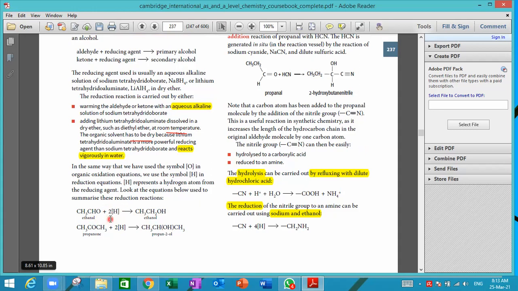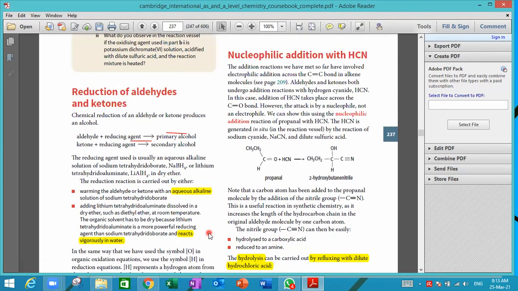You have to be careful because sometimes they write the equation of the reduction using this notation, so you have to know how many hydrogen atoms you are going to put, because here we want to add a hydrogen atom to the oxygen and a hydrogen atom to the carbon. So we have to write here 2H between brackets. In the case of ketones, the same. We are going to add 2H between brackets to get the secondary alcohol.